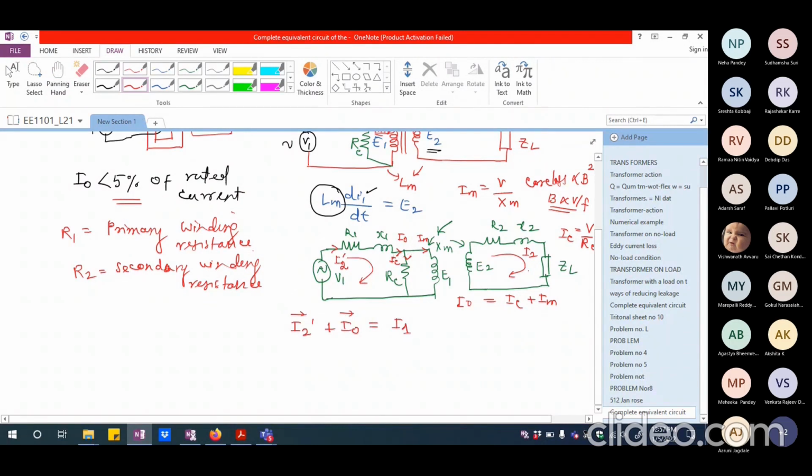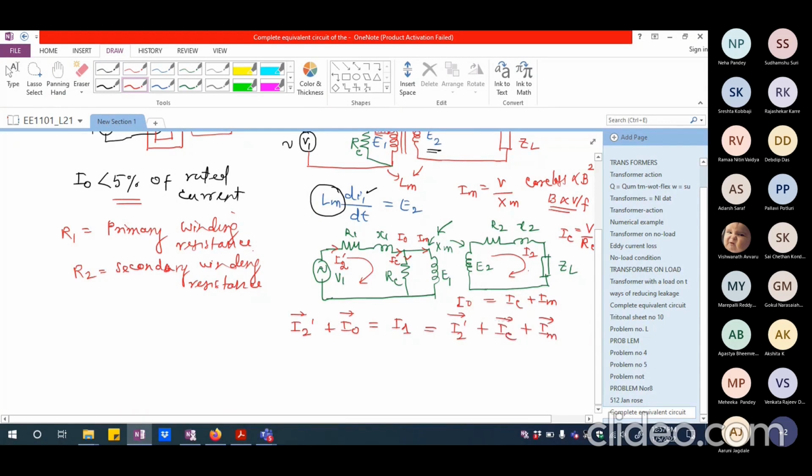So when I add all of them put together, I will get I1. So I should be able to write this as I2 dash plus IC plus Im. All three of them put together is going to give me what is known as the primary current I1.